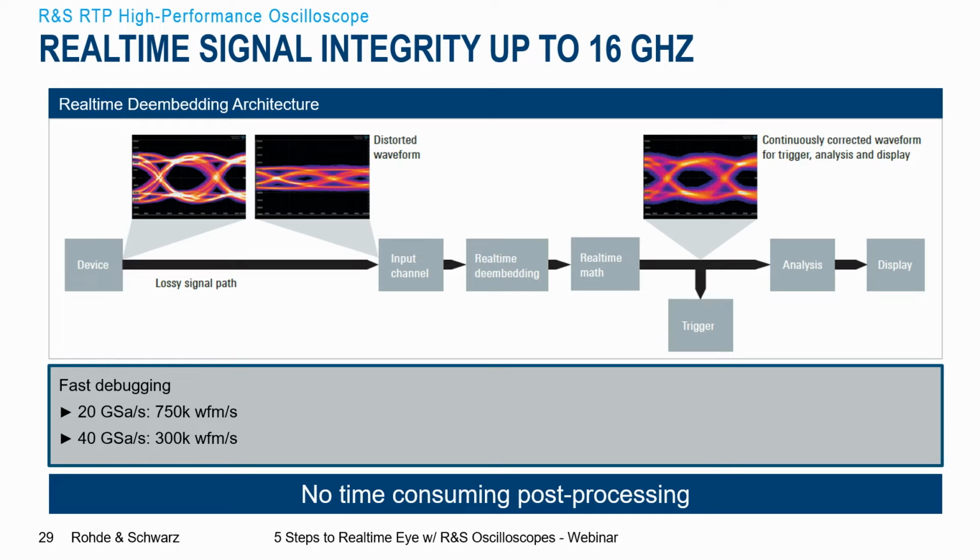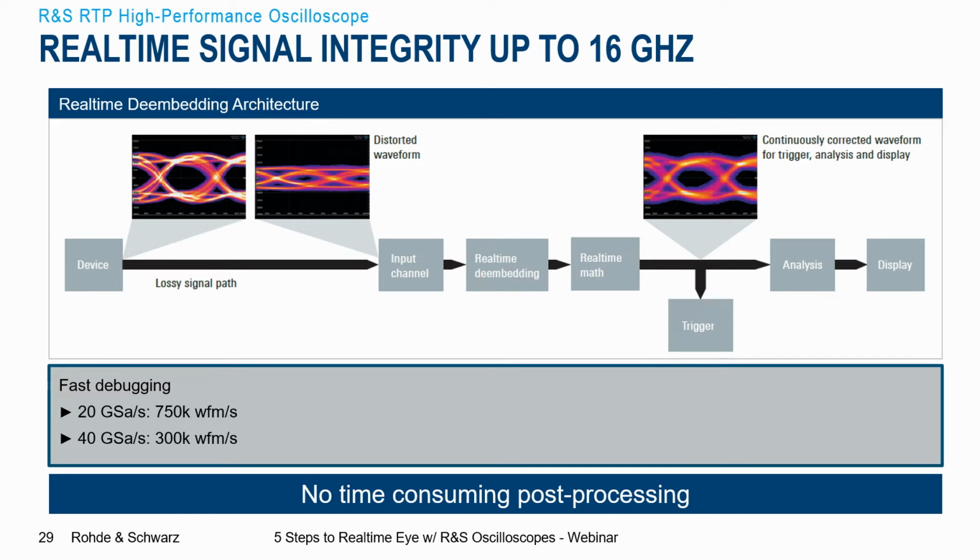Here again on the block diagram level. On the left side, we have a device with a certain signal quality characteristic that we can see in the eye diagram. Then we have a lossy signal path, for example some traces and some cable, so already a distorted signal is entering the oscilloscope. Then we can recover the signal by real-time de-embedding.